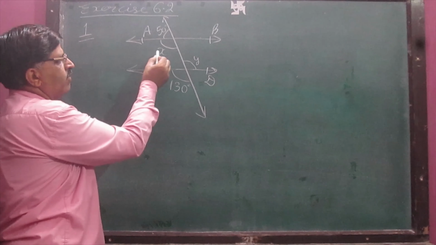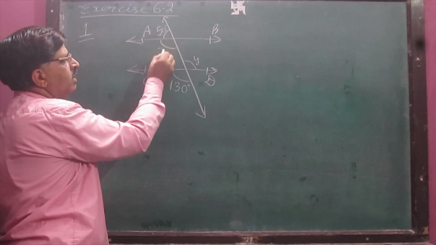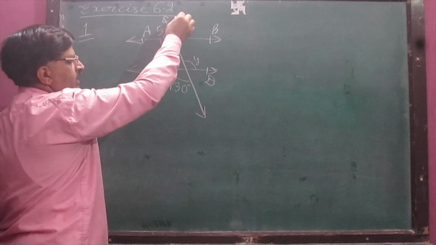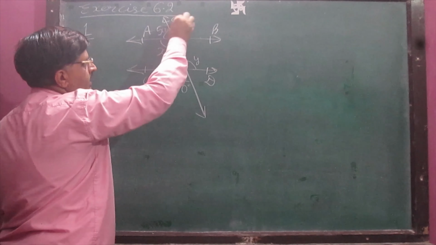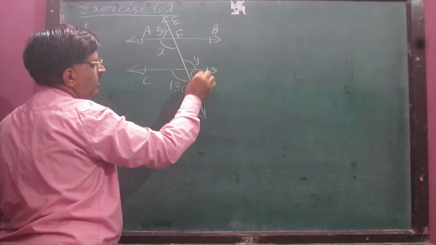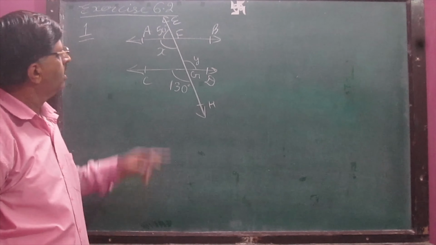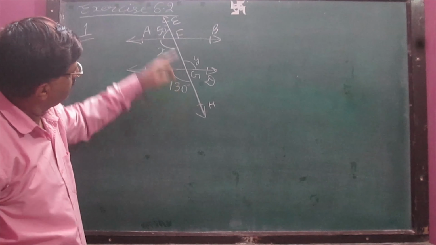First of all, for finding X, there is no name given. Let me take them as E, F, G, H. For the sake of convenience, for better expression, EH is a transversal line.